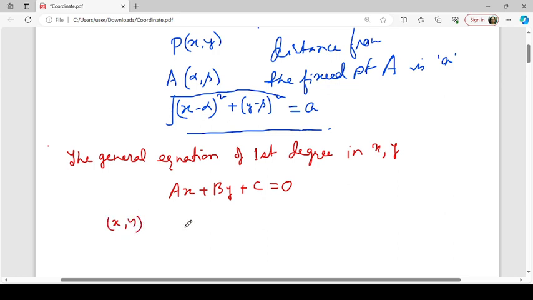And when we talk about a straight line, so this is the system. So this is the line we are drawing. This is a line L. Then this L makes some angle theta here.